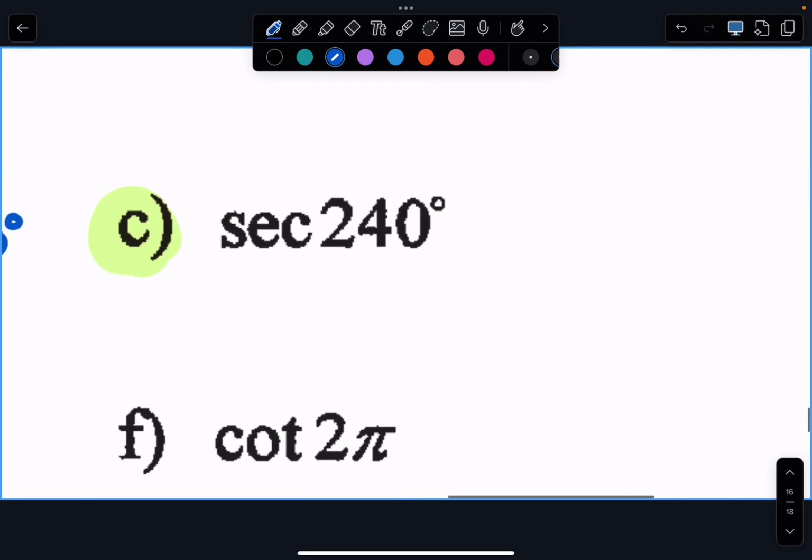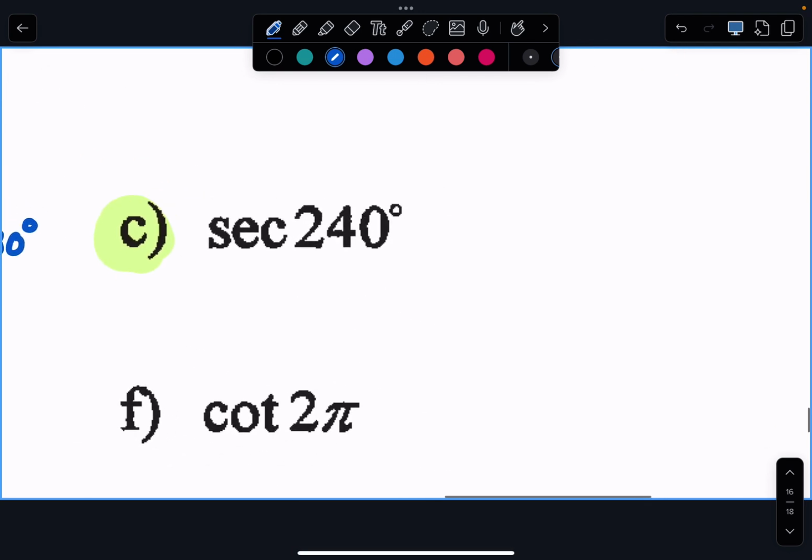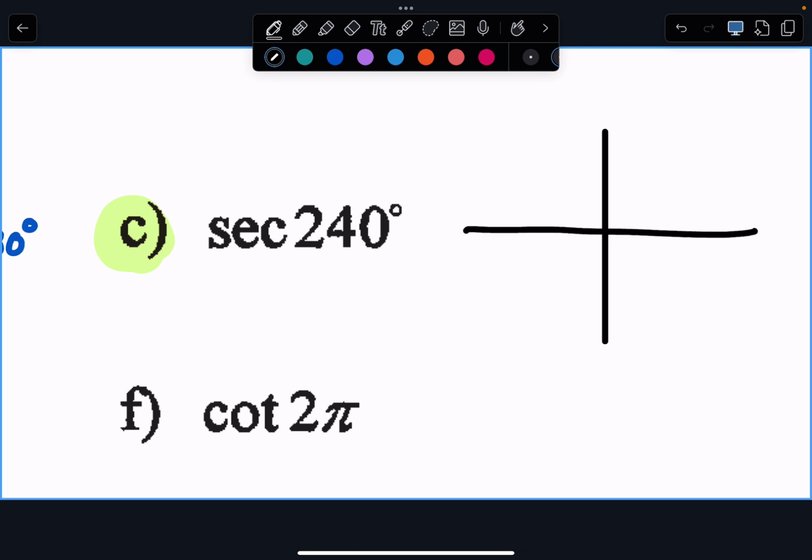Okay, this one. Where's 240? About right there.